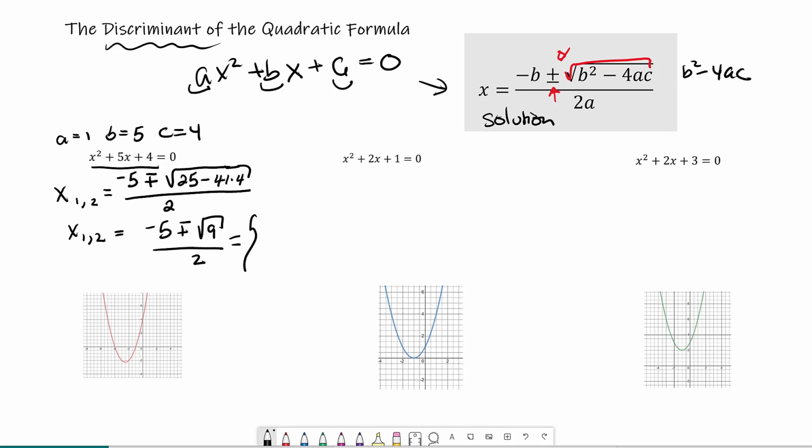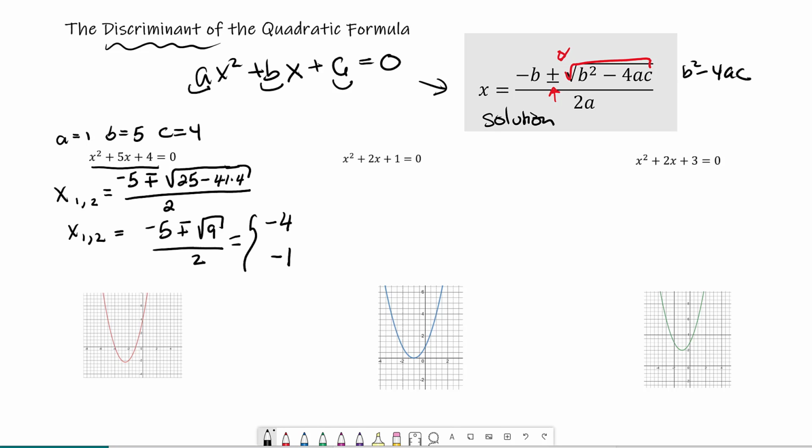So negative 5 minus 3 is negative 8, divided by 2 is just negative 4. And the second solution is negative 5 plus 3, which is negative 2, divided by 2 is negative 1. If that was a little bit too quick, stop the video and review that. But basically, these are the 2 solutions.